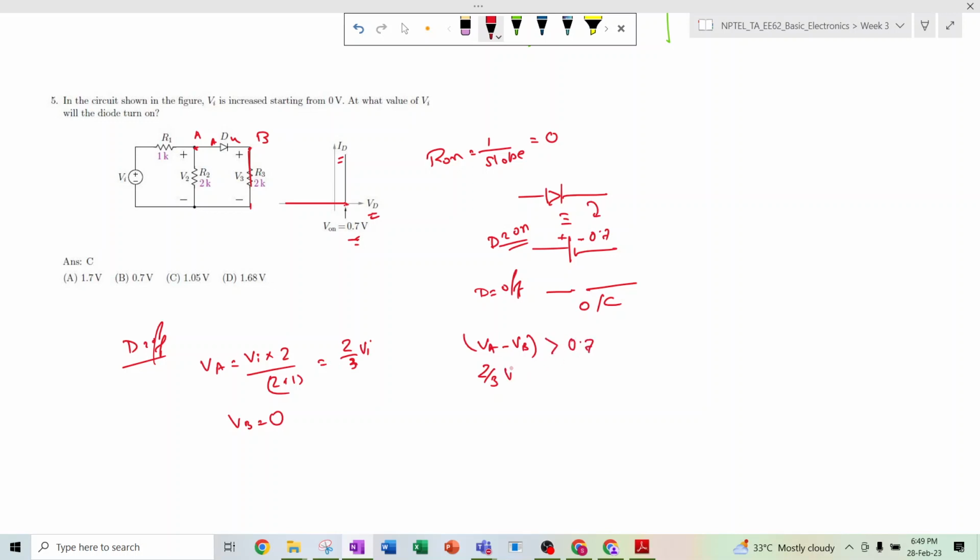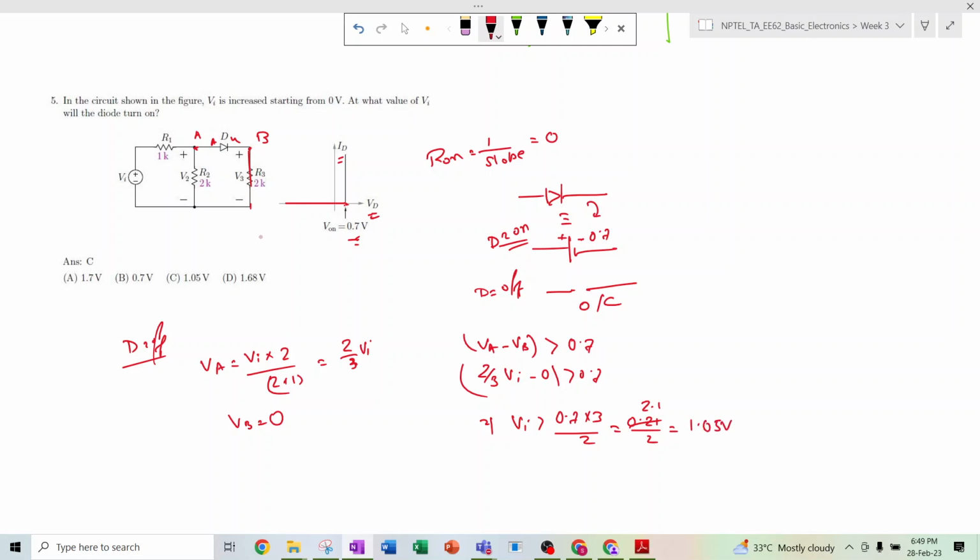That means 2 by 3 Vi minus 0 should be greater than 0.7 volt, so Vi should be 0.7 multiplied by 3 divided by 2, which is 2.1 divided by 2, which is 1.05 volt.